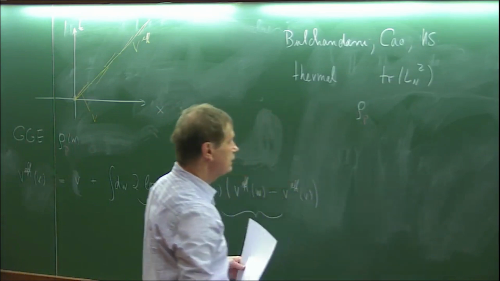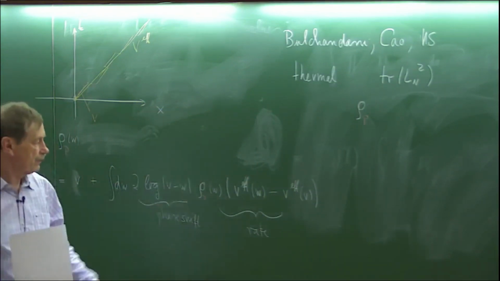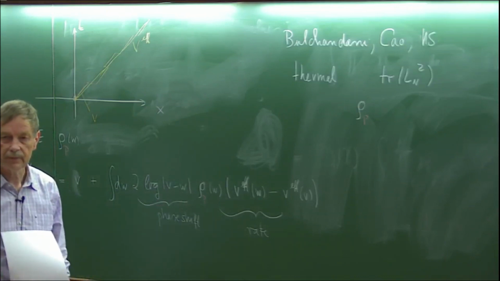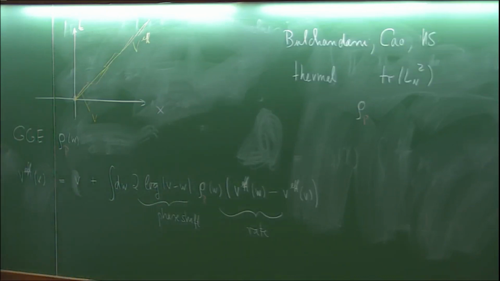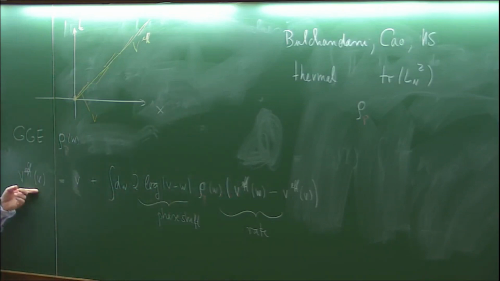Once he has the rho p, he determines numerically what the effective velocity is, right? I give you the rho p, and you have to solve this linear integral equation. There are other formulas by which you actually solve it, but let's assume you do it directly with this one. Numerically, you do something slightly different.